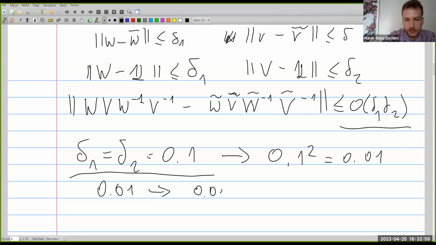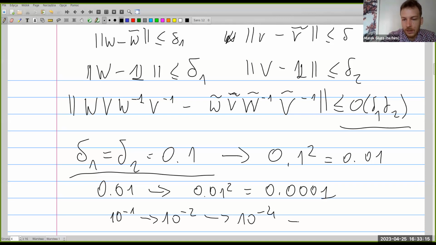I will get 0.01 squared, which is, okay, I'm getting some digits. So 10 to minus 1 becomes 10 to minus 2 becomes 10 to minus 4. And we are getting at some point 10 to minus 2 to the power n in those approximations. So basically the approximations converge very fast. Yeah. And why is this good?